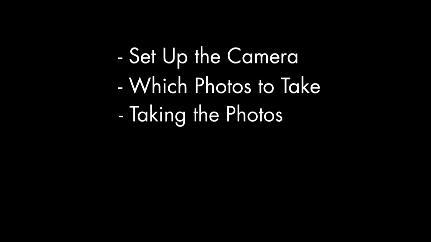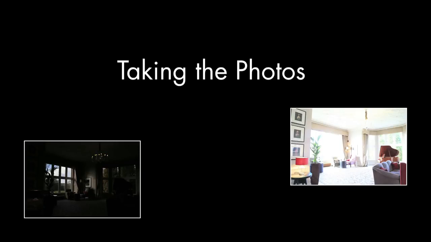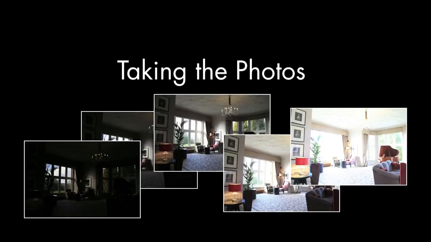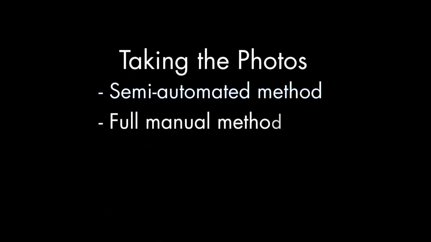Now that you've made a note of the longest and shortest exposures, take the photos from the fastest shutter speed through to the slowest, and with the right number of photos in between. I'm going to show you two methods to do this, the semi-automated method and the full manual method.